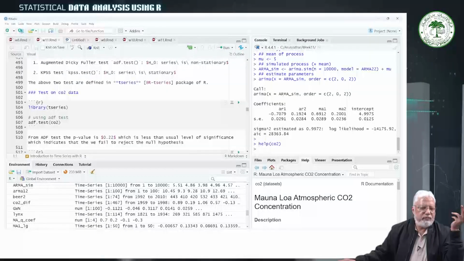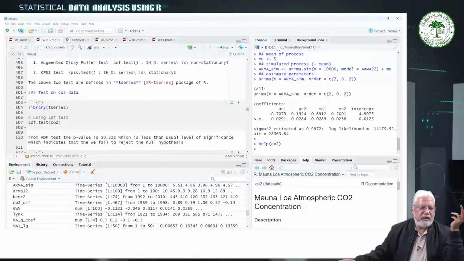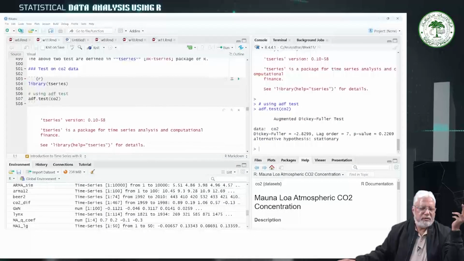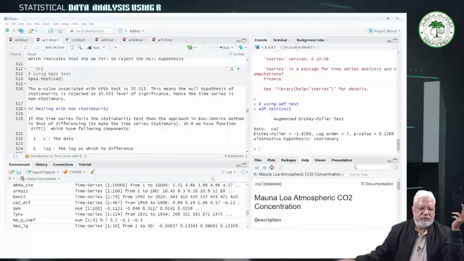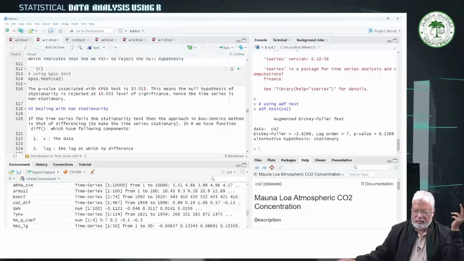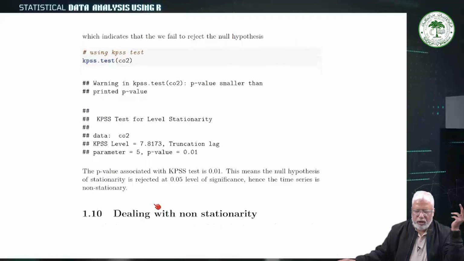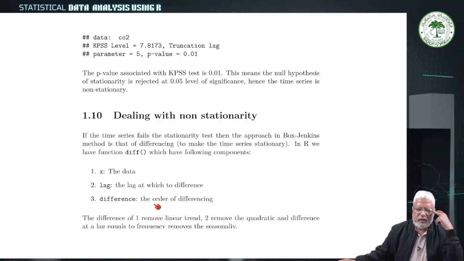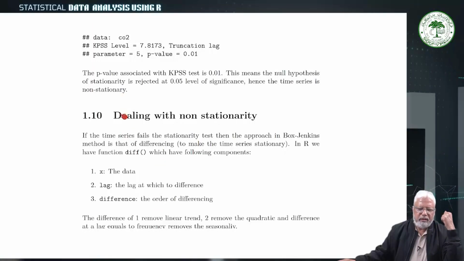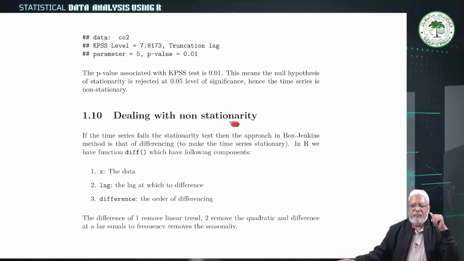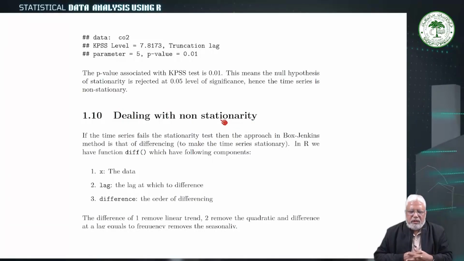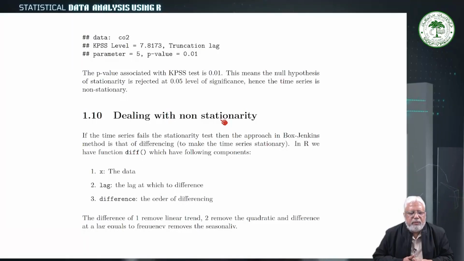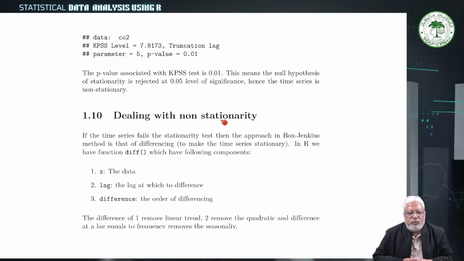So, stationarity we have already discussed, and these are the two tests, the ADF test, and we have got the result. Now, dealing with non-stationarity, how to deal. This is the main feature of the Box-Jenkins method. Because for fitting an ARIMA model, it is a must that the series should be stationary.